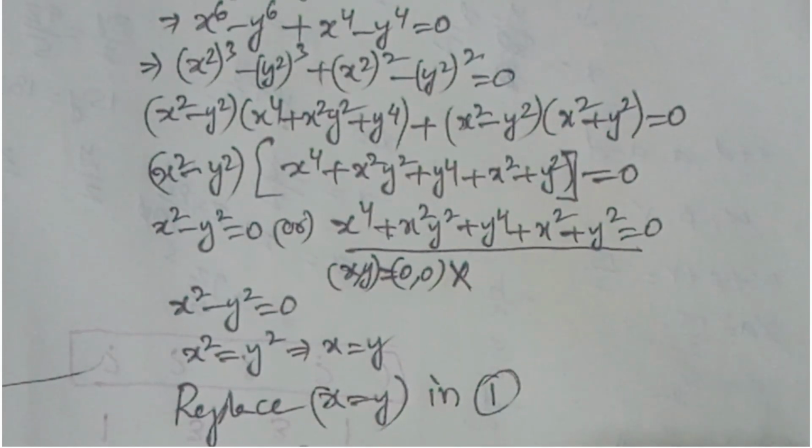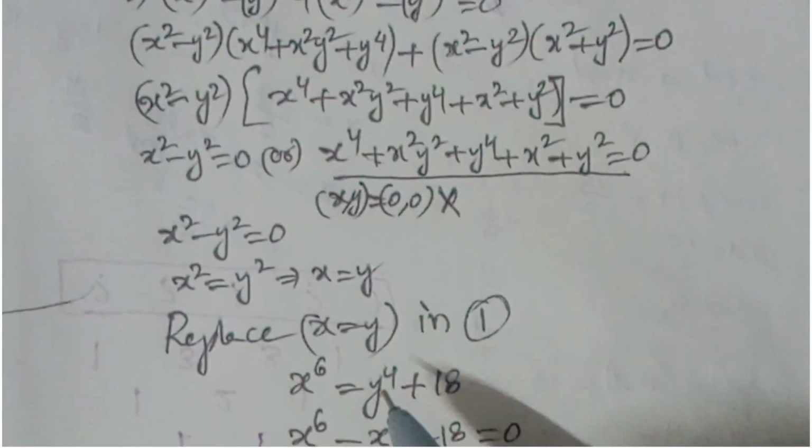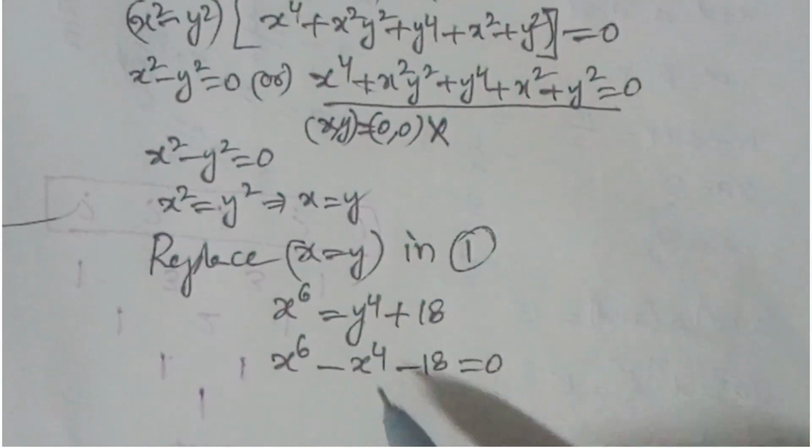So here the first equation is x power 6 is equal to y power 4 plus 18. So here you can get x power 6 minus x power 4 minus 18 equal to 0. So here in the place of y you are writing the x value.